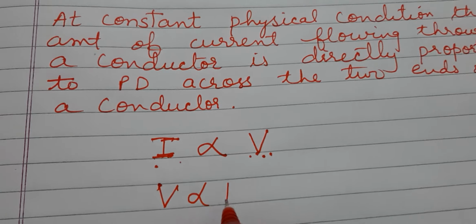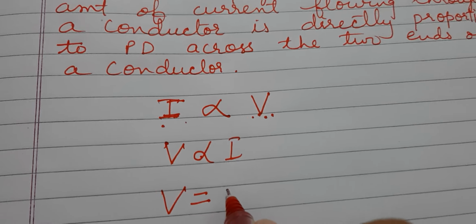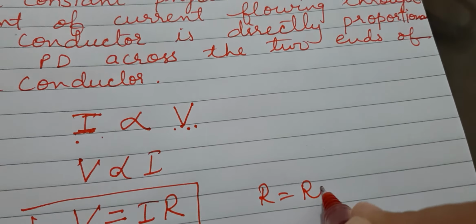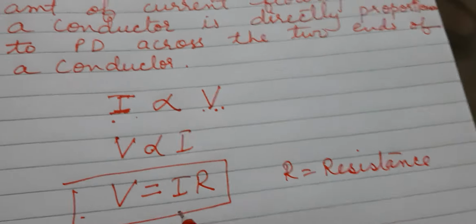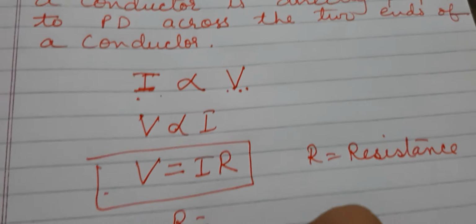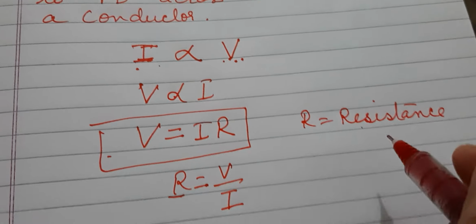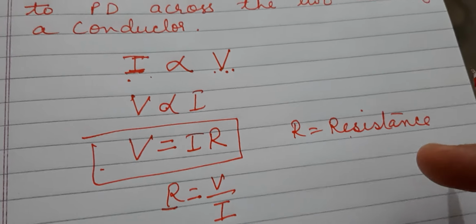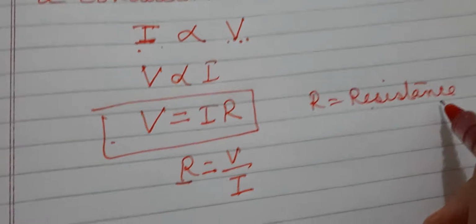V is proportional to I, so we put here a proportionality constant, that is R. So V is equal to IR. Here R is the resistance, and the formula of R is V upon I. What is resistance? Resistance is the inherent property of matter to oppose the flow of charges or the flow of current.